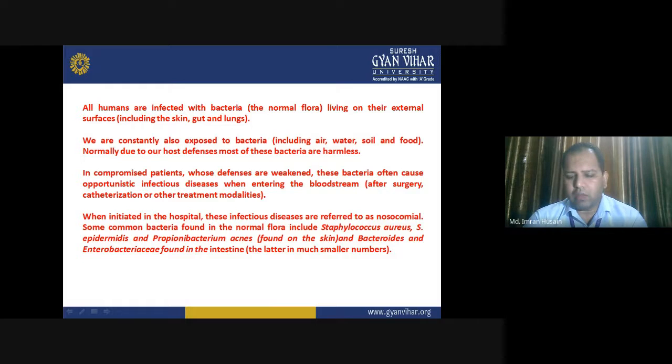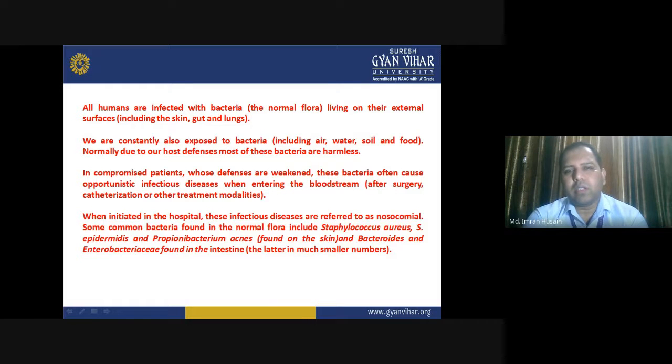Because our body is fully covered with bacteria, right? Whether it's our skin, gut, lungs, ears, or wherever you see. But these bacteria, known as microbiota, do not offer any difficult situations because they occupy space in our body and get advantages from our body.